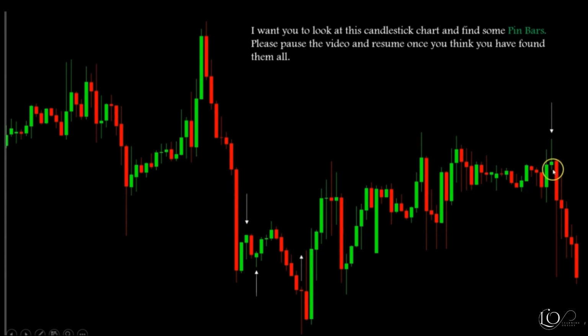Again, the lower wick is pretty long. It shouldn't be that long. This needs to be all the way at the end, but it still qualifies because the body is really, really small compared to this one. So the body was pretty big. And then prices start to move downwards.